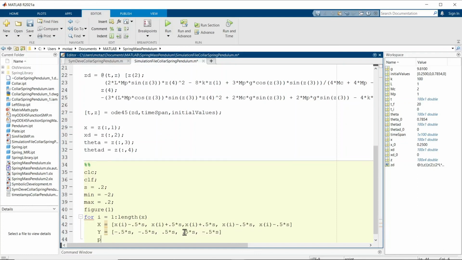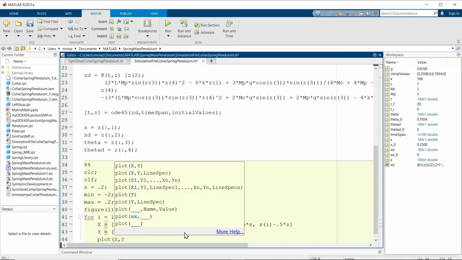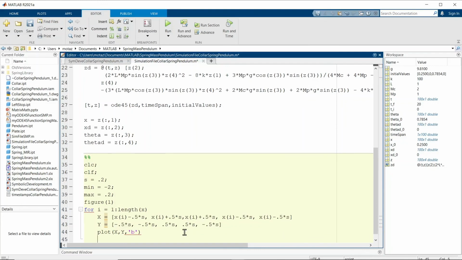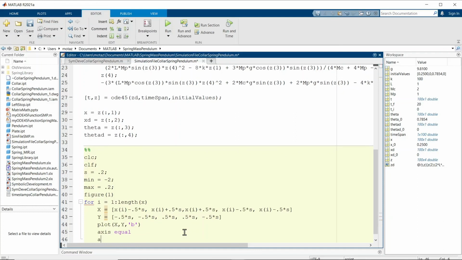And we plot x and y values as they will change for each iteration. I'll color it blue, and let's say axis equal, axis min max.